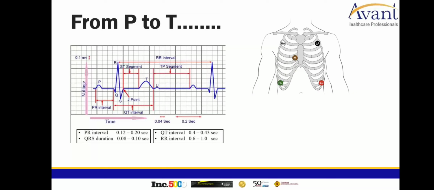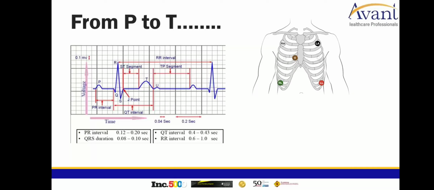So a couple of things we're going to notice here. First of all, we need to talk about the fact that the straight line, as indicated here, if we look and put a ruler down here, this is what we refer to as the isoelectric line. The isoelectric line is the resting state of the heart.